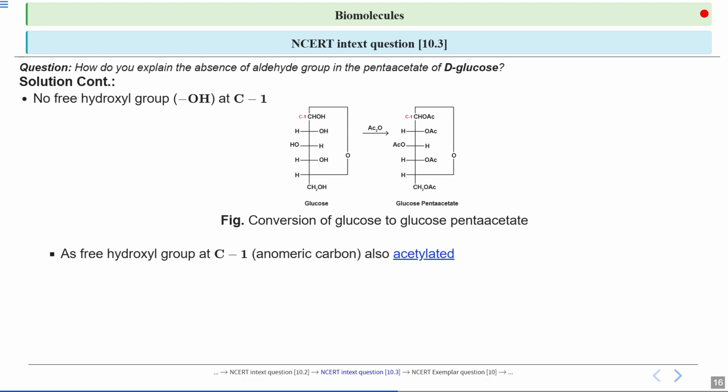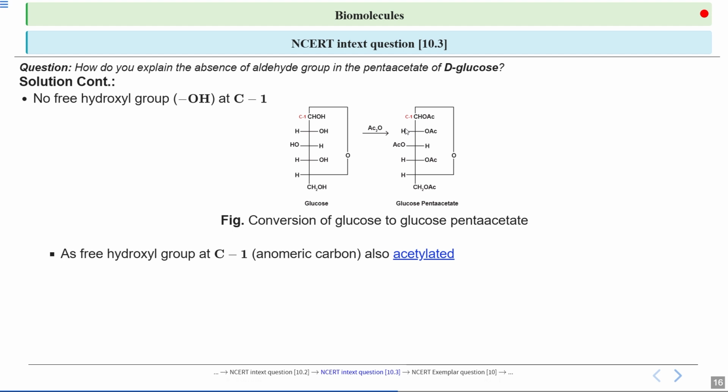Now if we focus on the anomeric carbon or C1 carbon, in the original glucose molecule, there are 5 free hydroxyl groups. But in the case of pentaacetate, even the OH at the C1 carbon is acetylated.